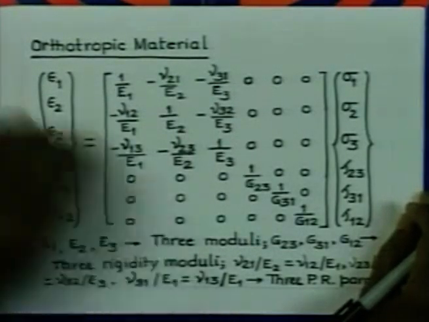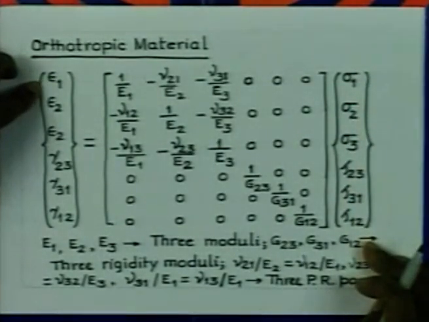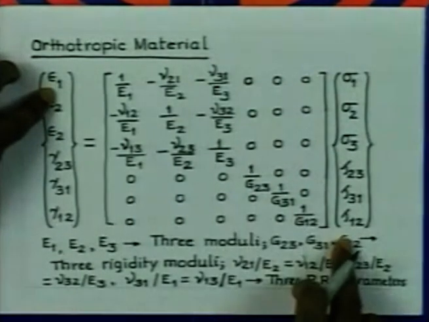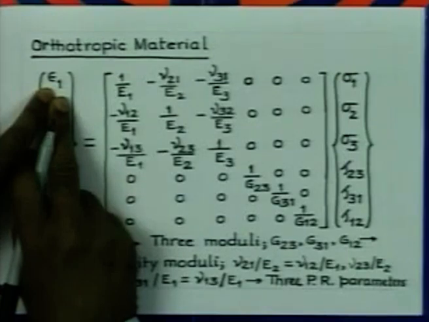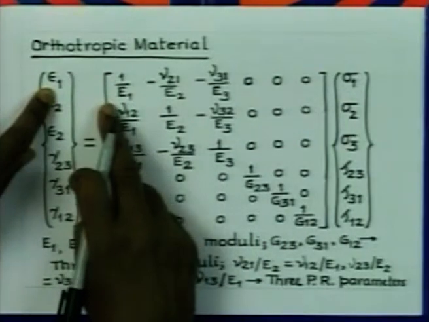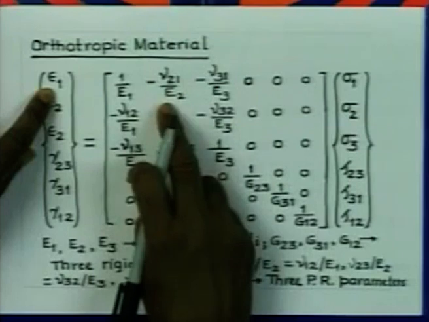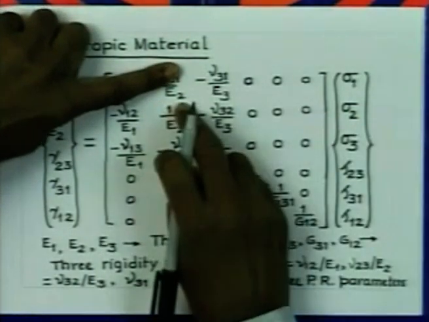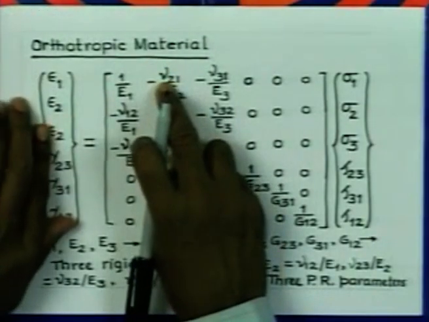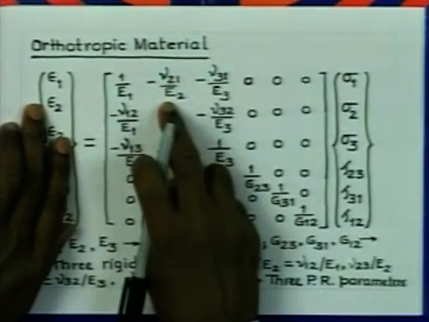In that case, if we consider the 6 stresses indicated like this, then all these 6 stresses together give the strain in the 1 direction, or x direction, as sigma 1 by E1, minus nu 21 sigma 2 by E2. So the strain in direction 2 is sigma 2 by E2, and its Poisson's ratio effect is expressed by nu 21, and this is going to be negative. So, therefore, nu 21 by E2.